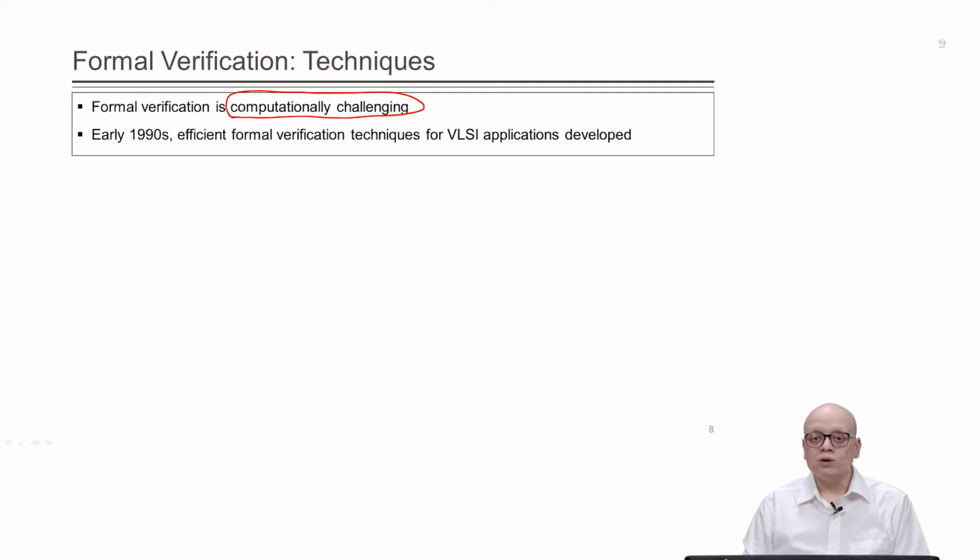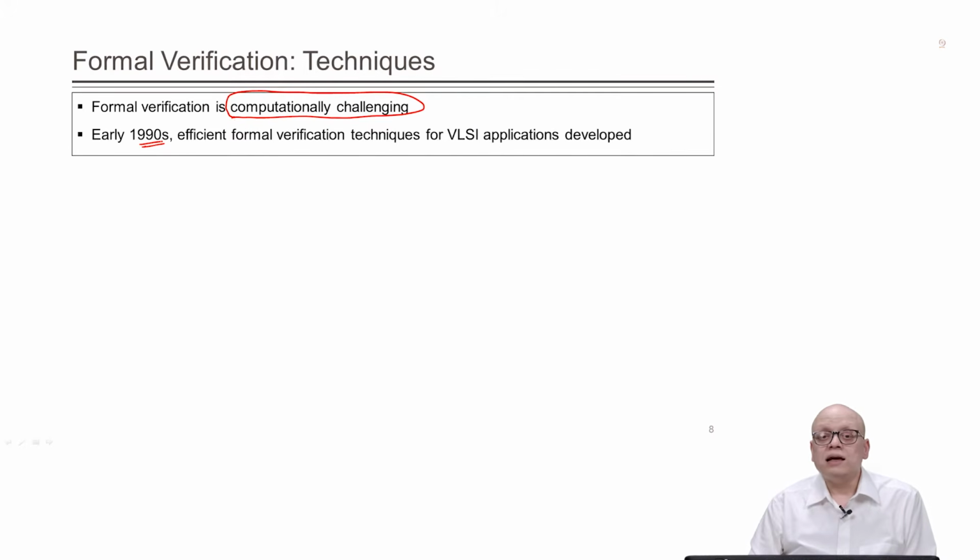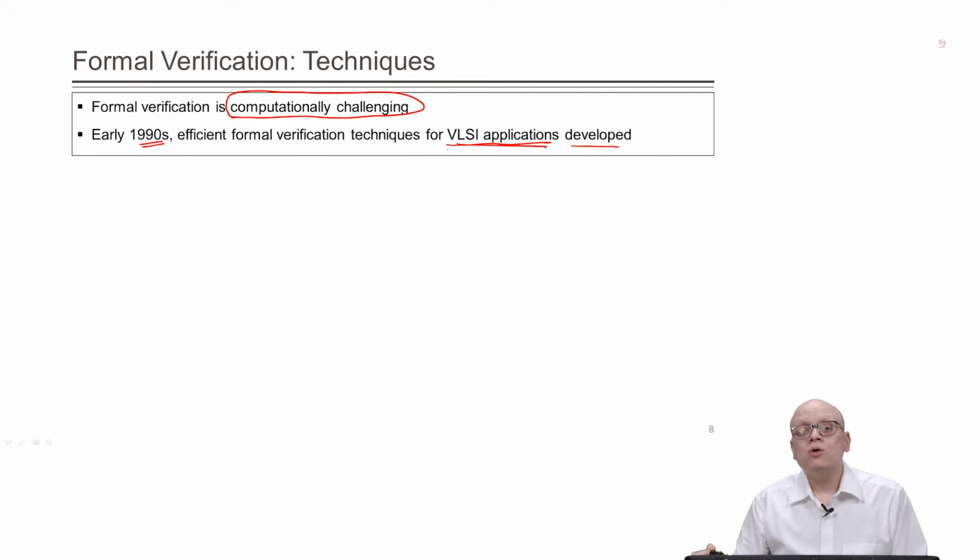And therefore, a lot of research has gone into formal verification in the last 50 years or so, and in the early 1990s some breakthrough came and efficient formal verification techniques were developed that could be applied to VLSI design, and now we routinely use formal verification techniques in our VLSI design flow.